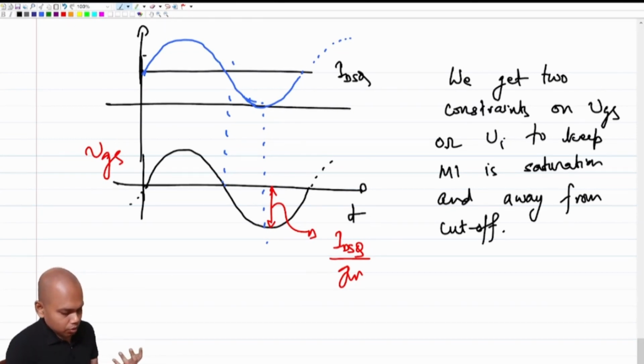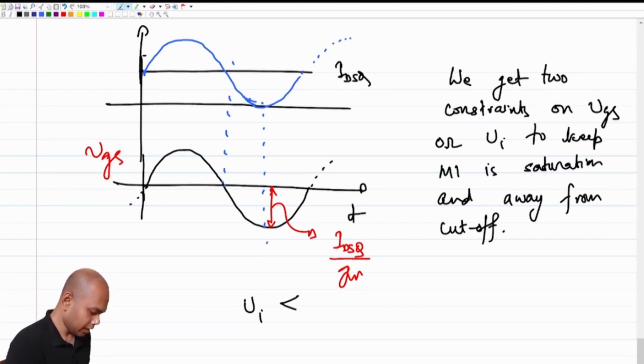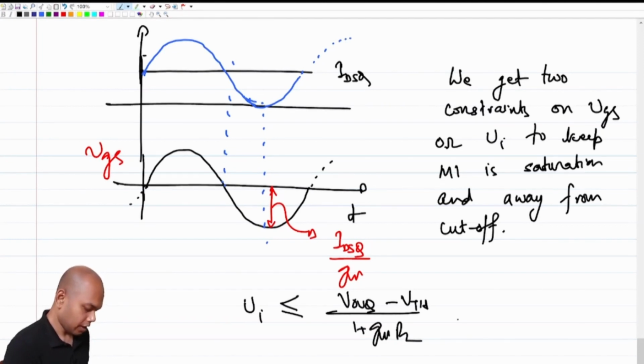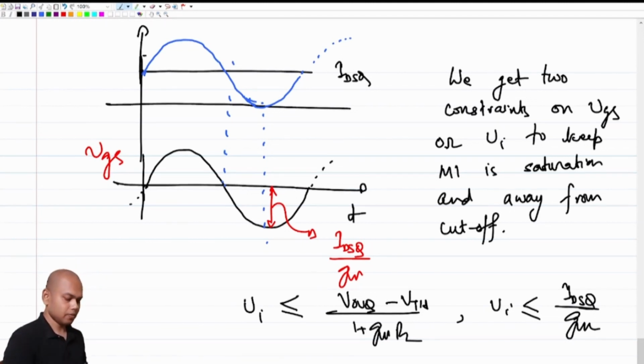So what are these constraints? The constraint that we got was Vi should be less than the overdrive voltage Q, minus threshold voltage, divided by 1 plus GM RL, and another constraint was Vi should be less than or equal to IDSQ over GM, right?